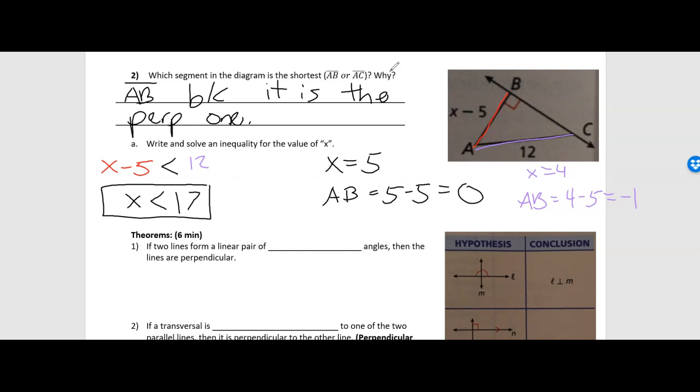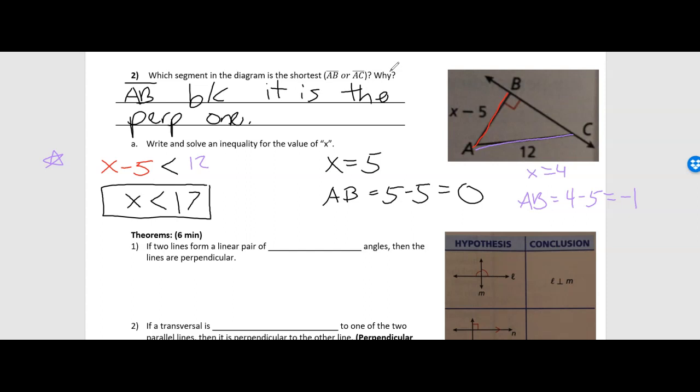So this inequality we came up with over here wasn't actually the only one that we needed to come up with. We actually have to think about, what does the segment have to be greater than, right? The length of the segment can't be negative. It also can't be 0.